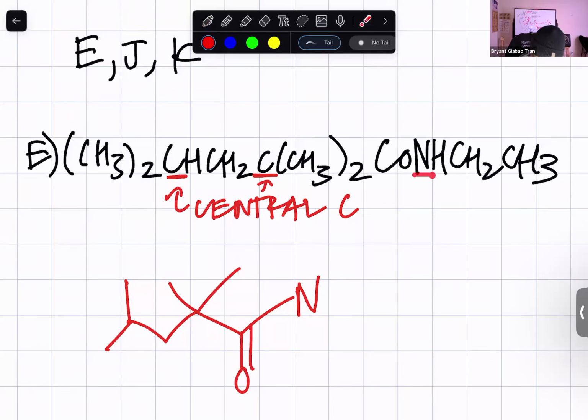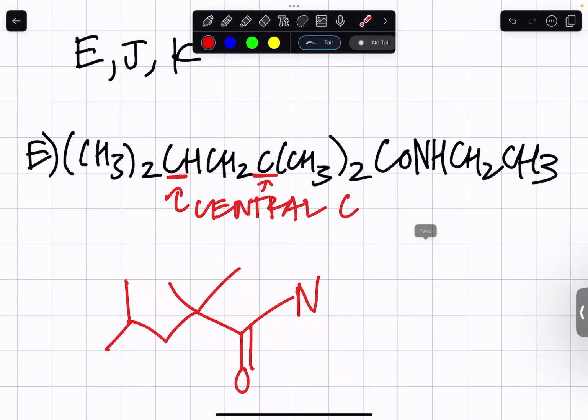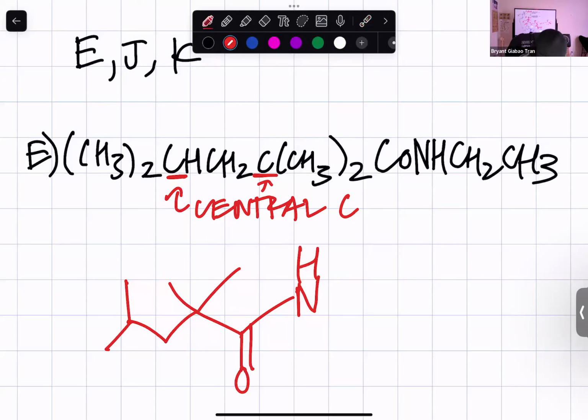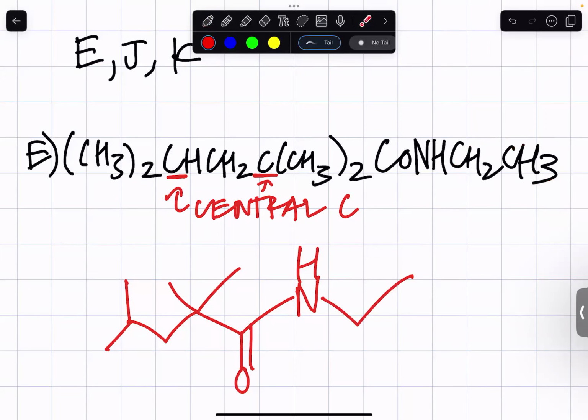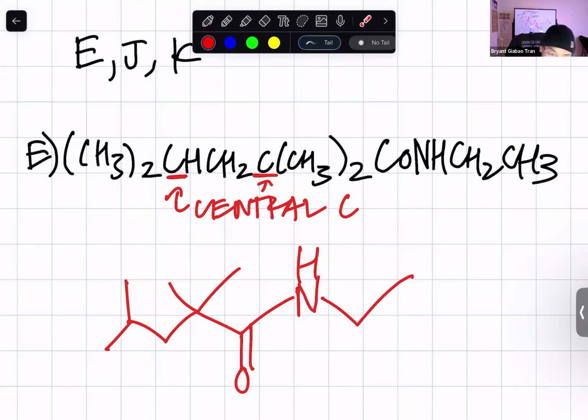And we see that this nitrogen right here is attached to a hydrogen, which is going to be like that, and a CH2, CH3 like this, which is this CH2, CH3 right there. And what kind of carbonyl is this? What kind of specific carbonyl do we have here? What is it next to? Nitrogen. Oh, right.